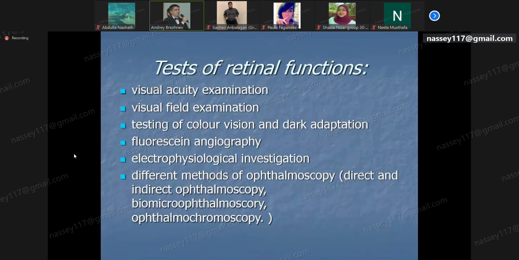Tests of retinal functions include visual acuity examination, visual field examination, testing of color vision, and dark adaptation. Color vision also depends on the normal activity of the cones.